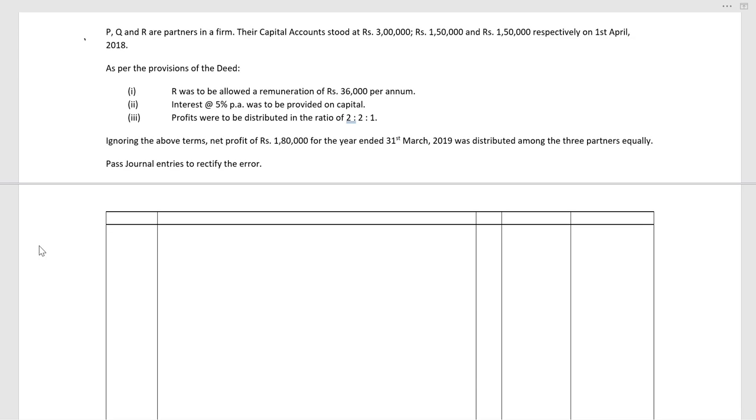Solution: journal entries in the books of the firm.